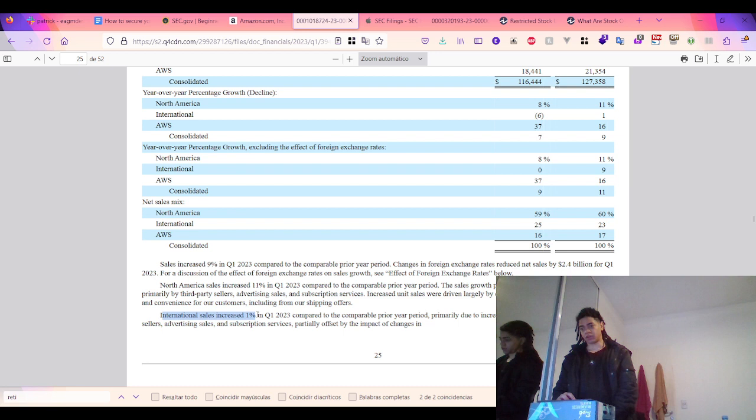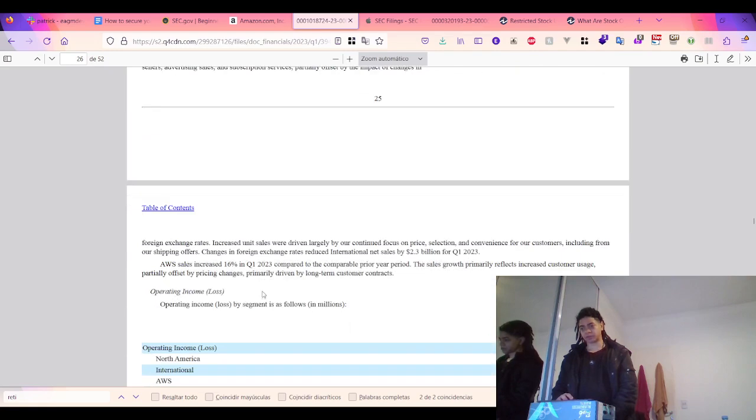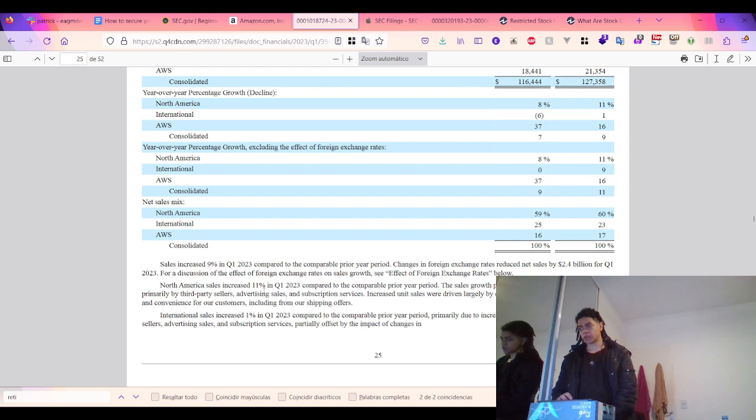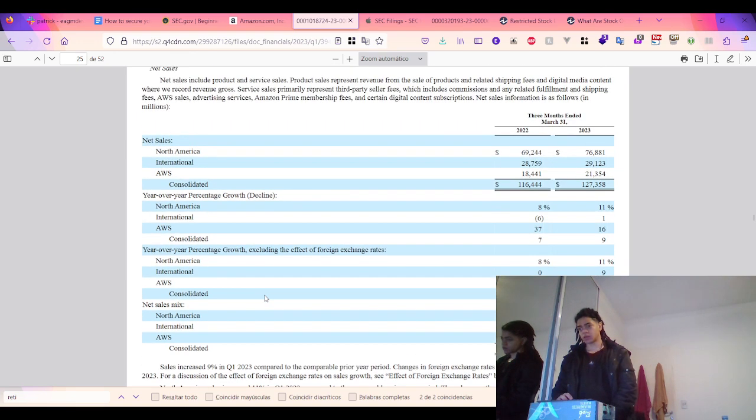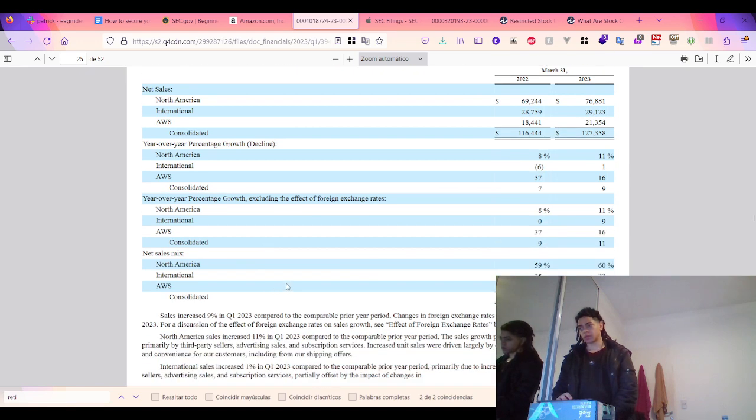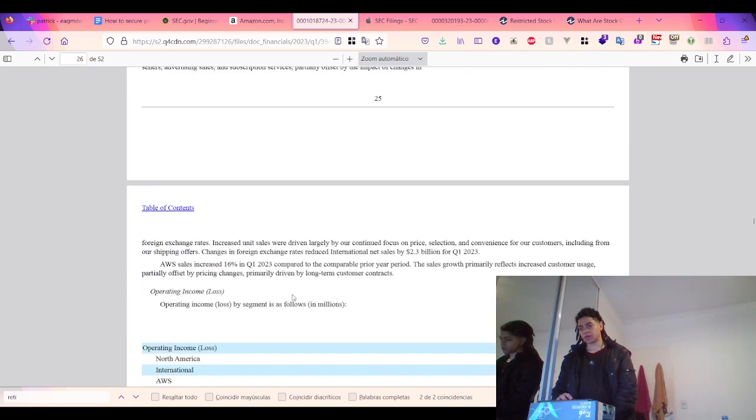International sales increased 1% in quarter one 2023 compared to the comparable prior year period, primarily due to the increased unit sales.